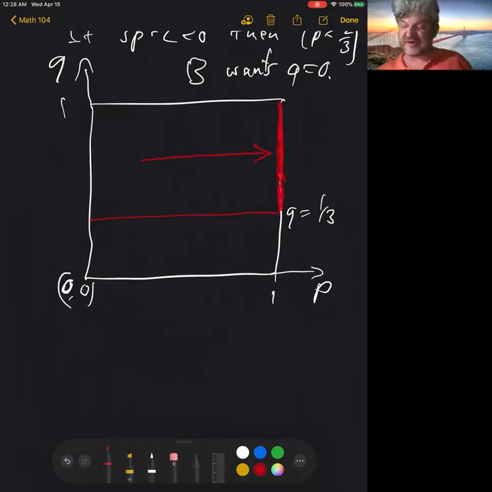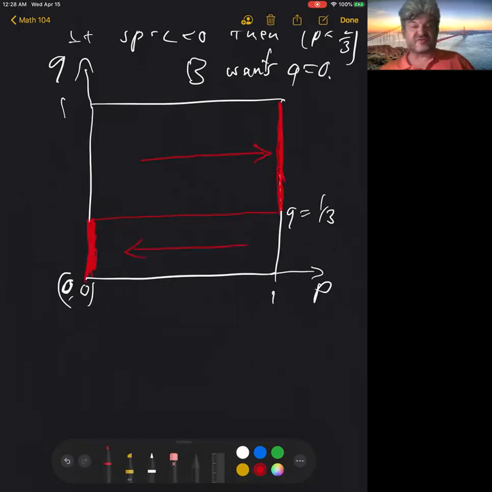So wherever you are in the top half of your unit square, A wants to go to the right side here. When Q is lower, then A wants P is 0. That's the left side of your unit square.